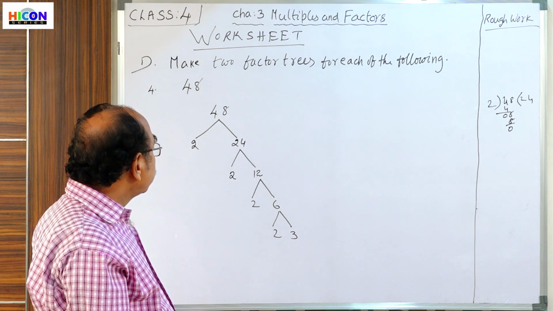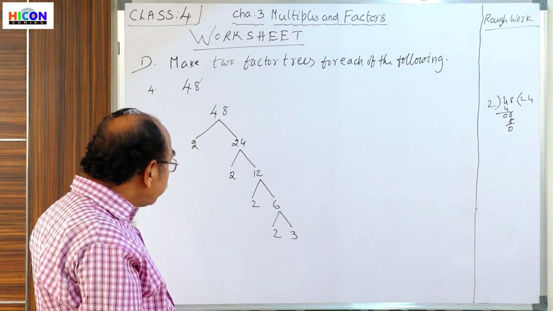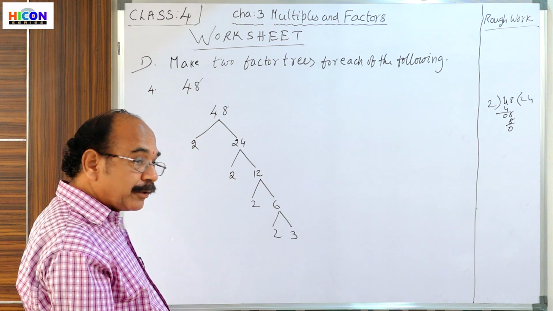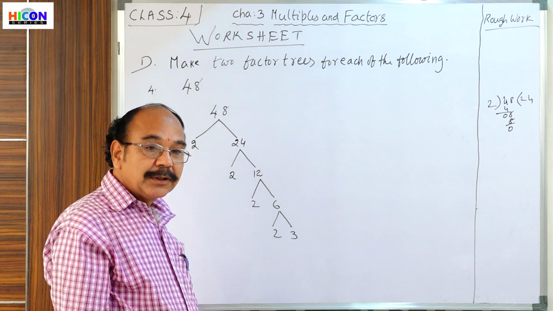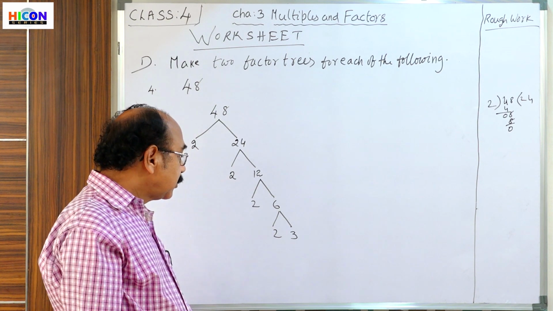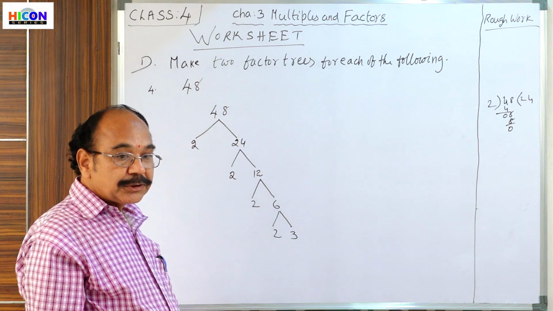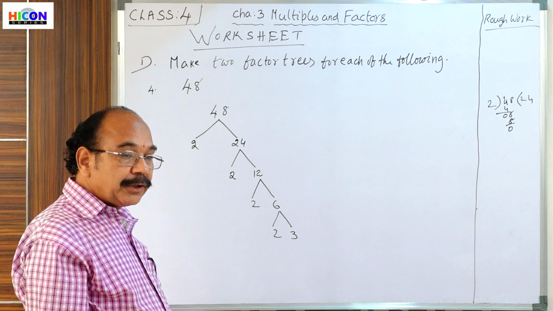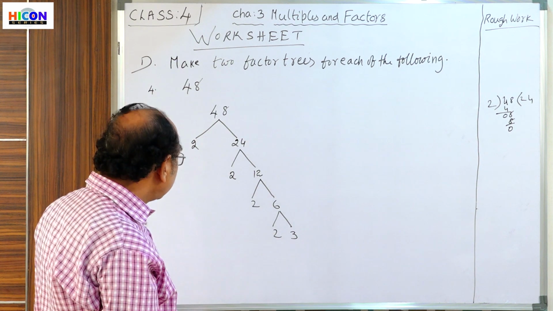One number is prime, the other is composite, and that composite number is to be broken. Again, if you get a composite, that number also is to be broken. Like this, in the last step, you get all primes only.